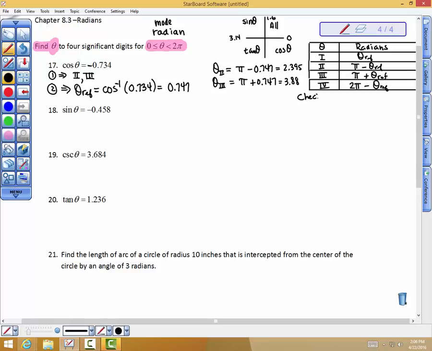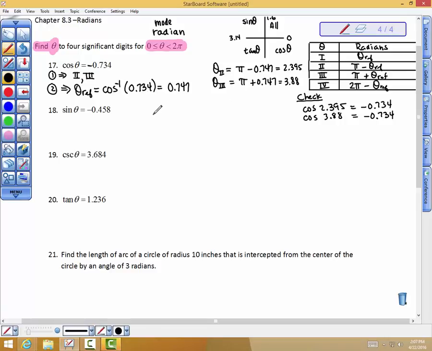You could check these by taking the cosine of 2.395, that's an angle, and see if it gives you a negative 0.734. And then you could take the cosine of 3.88, that's an angle, and see if it gives you a negative 0.734. The calculator would not be able to give you both of these angles. It would only be able to give you one. So we've got to use our own comprehension of the signs of the trig functions to do that.